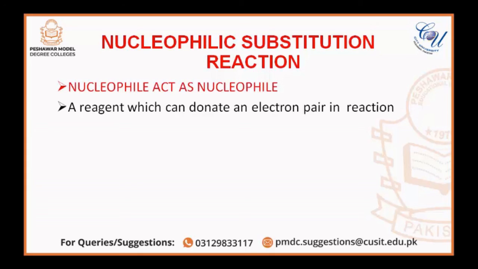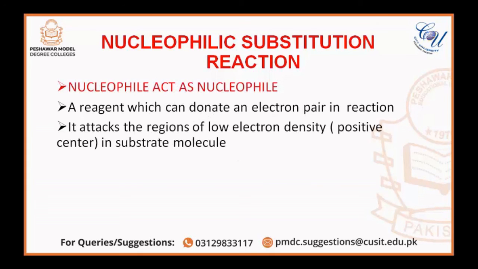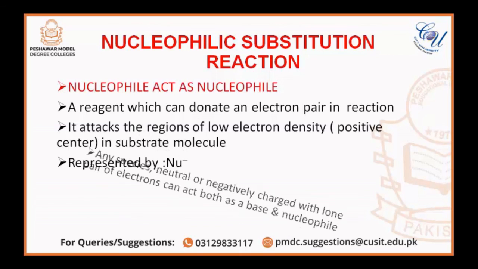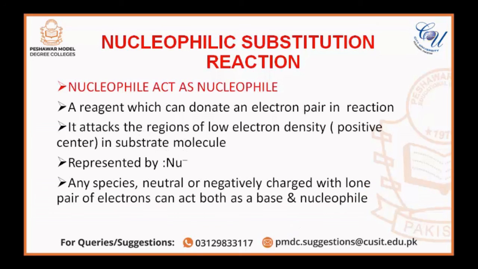A reagent which can donate an electron pair in a reaction attacks the region of low electron density, that is the positive center in a substrate molecule, and it is represented by Nu with a negative charge or with a lone pair of electrons. Any species, neutral or negatively charged, with a lone pair of electrons can act both as a base and a nucleophile.